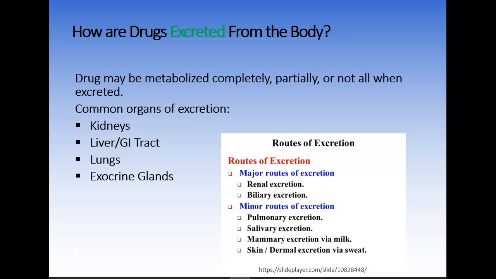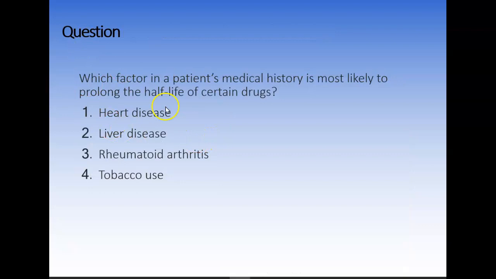Other routes, as we've talked about before, include pulmonary excretion, so you breathe it out; salivary excretion, so you can get rid of it in your spit; mammary, via milk if you're a breastfeeding female; and skin and dermal excretion via sweat. It's probably not a surprising thing to learn, but that's what you can see.